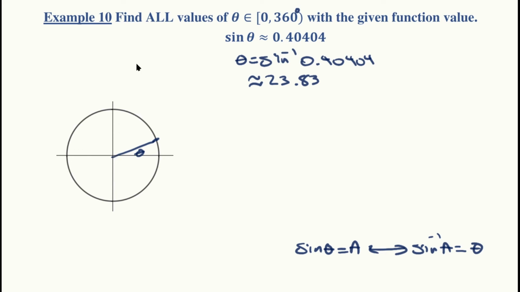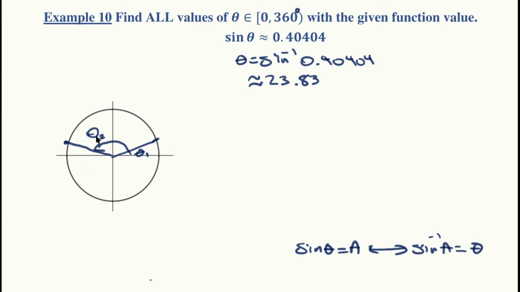So this mirror image here, right there, this other angle, let's call this one theta 1, and we'll call this one theta 2. Notice that this other angle will have the exact same sine as this angle, right? So the only question is, how do we find out what that is? Well, remember, whatever this acute angle here is, that's going to be the same acute angle.